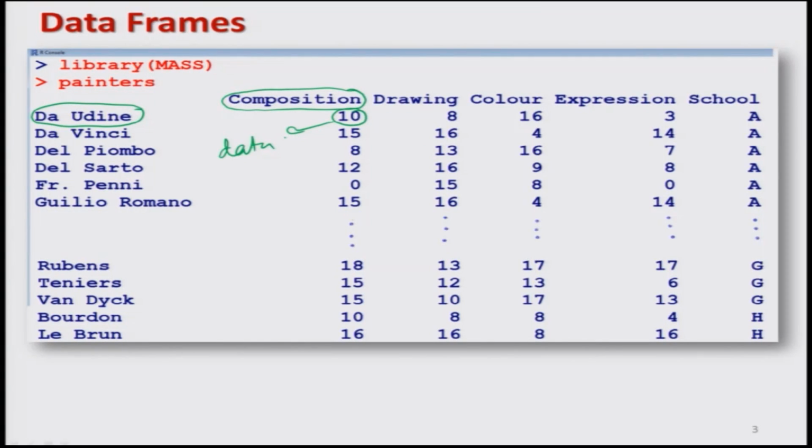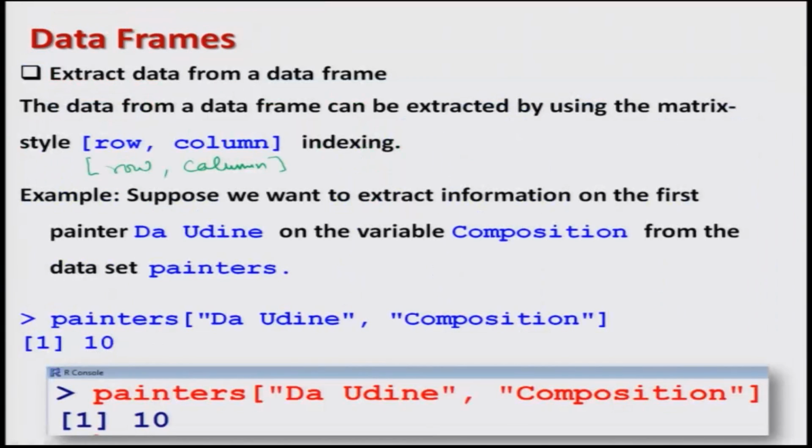I can consider this information as if it is given to us in the form of a matrix, and then I write the command like this: the name of the row, inside double quotes, and then the name of the variable for which I need the information, again inside double quotes.